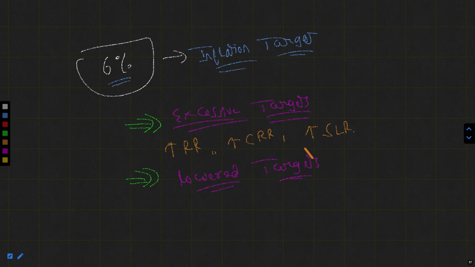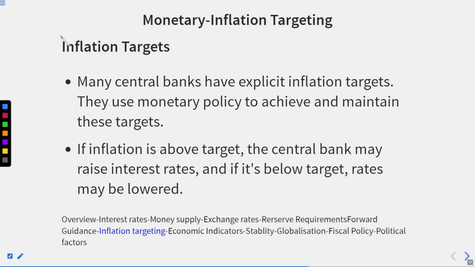Why? Because we have to cut off the money supply. When there is a lower target, it means that the inflation level is below the target. Then what will happen? Repo rate will be downgraded, CRR will be downgraded, SLR will be downgraded. Why? Because now we have to increase the money supply. So this is what we call inflation targeting, and it is generally decided on the basis of the level of inflation.